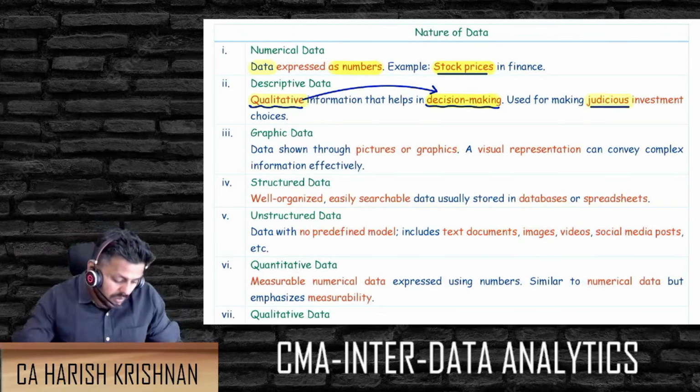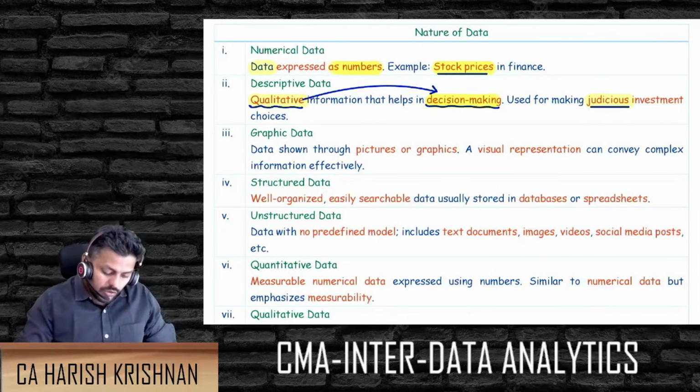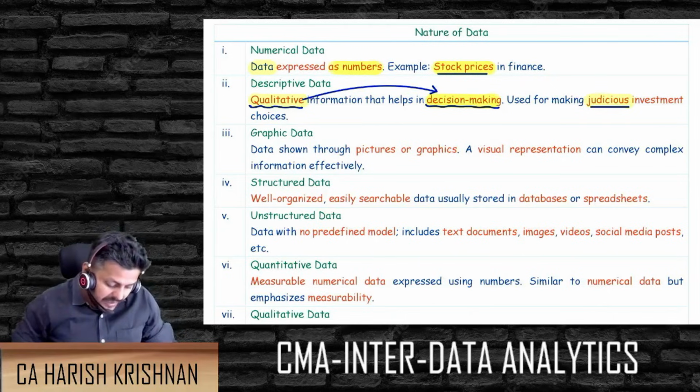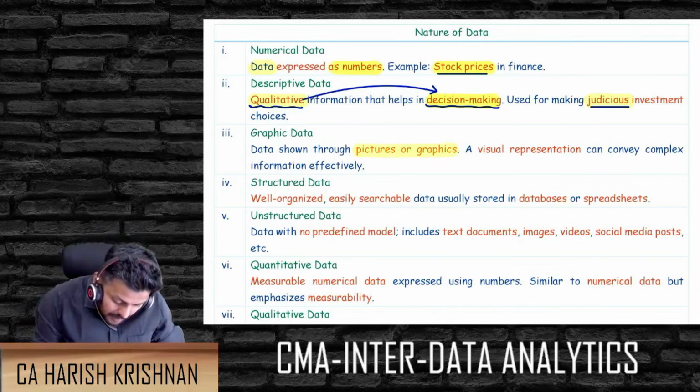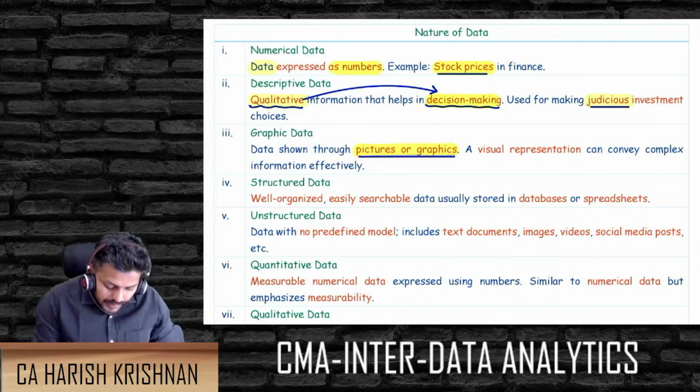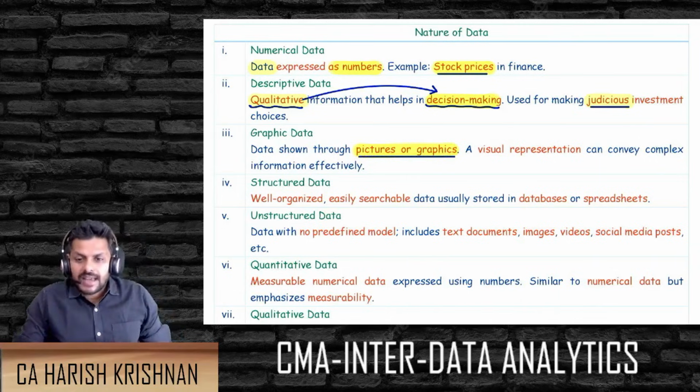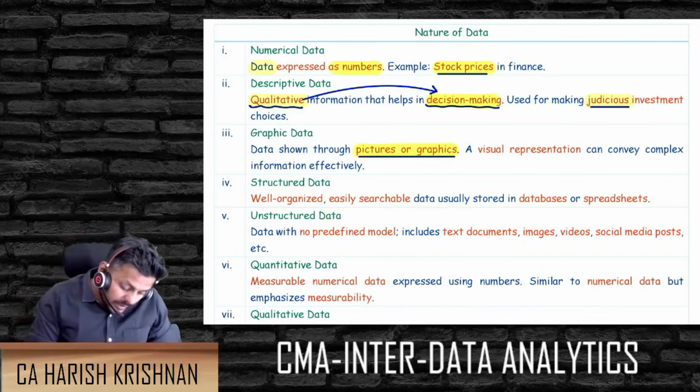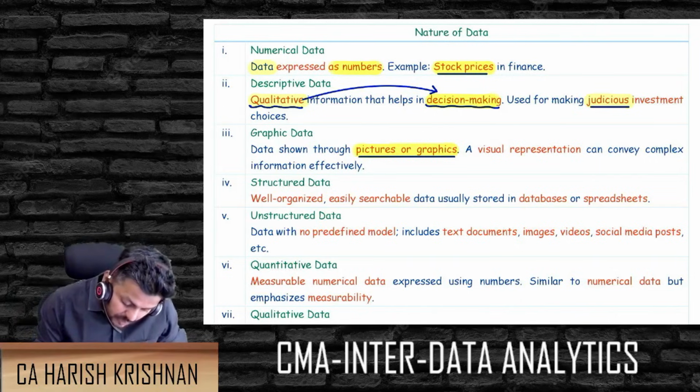So qualitative data is used for decision making, and graphic data is where data is shown in the form of pictures or graphics. As I told you when we started today, a lot of presentation happens on social media platforms, and it should be eye catchy, easy for people to understand. So that is why data is shown through pictures or graphics, which is nothing but a visual representation.